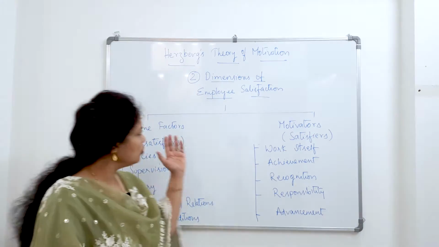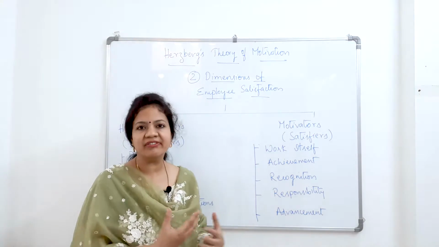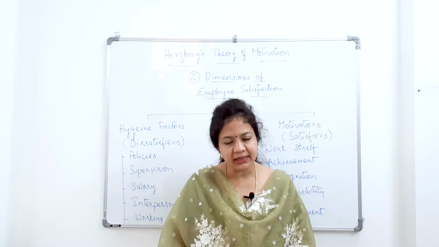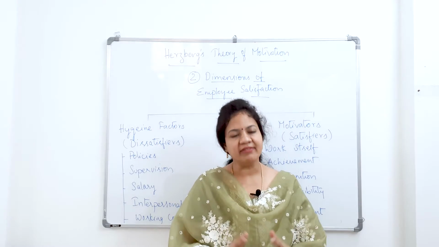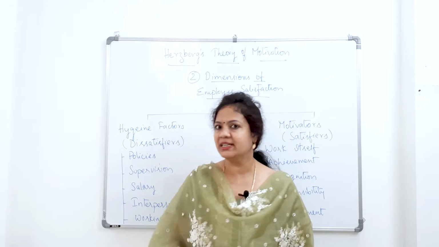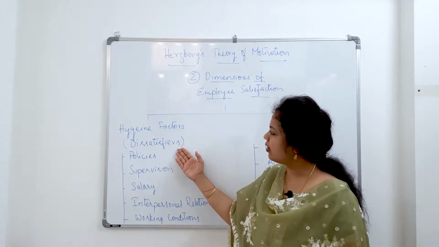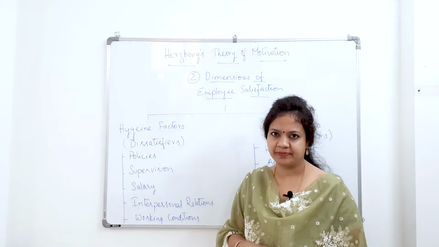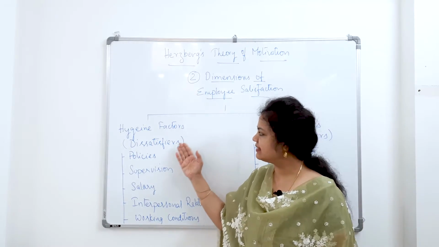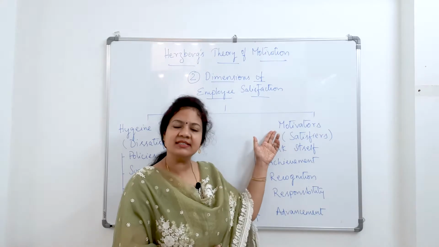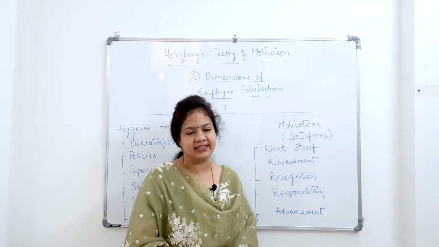These two are different sets of factors that can determine the employee's level of motivation. Let us try to understand what they are. Coming to the hygiene factors, they are called dissatisfiers, and motivators are the satisfiers.